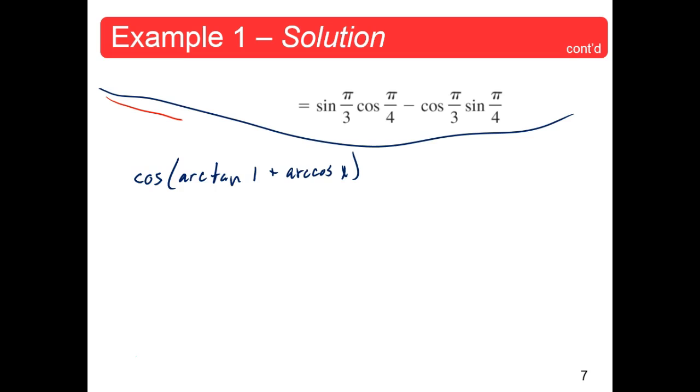Now, before we get too involved with it, does anyone happen to know what arctan of 1 is? What does that mean? The angle theta whose tangent is equal to 1. So tangent theta equals 1. What value for theta could that be?